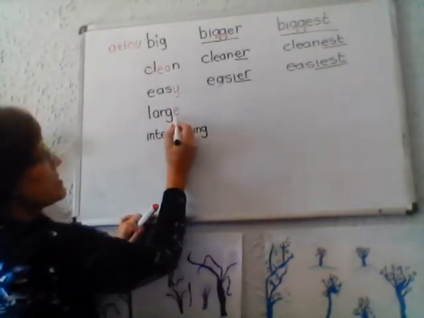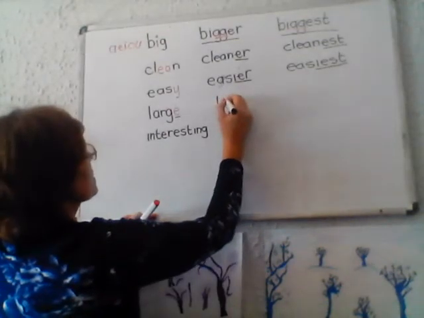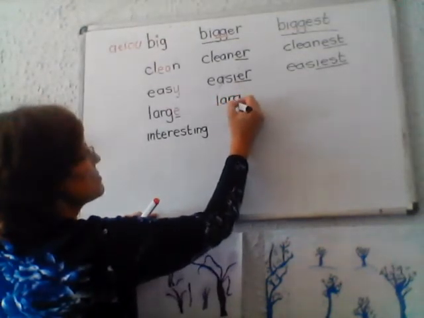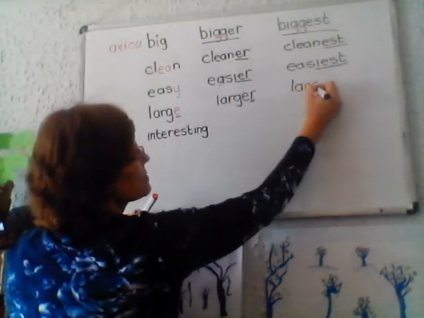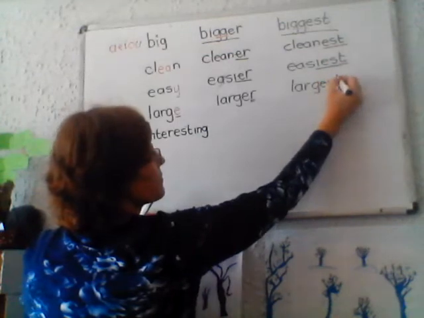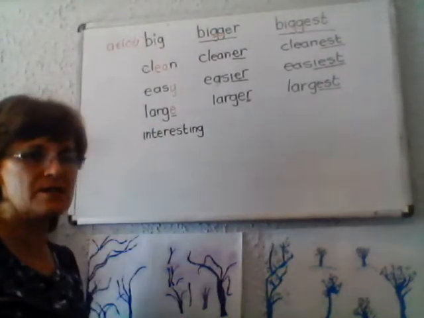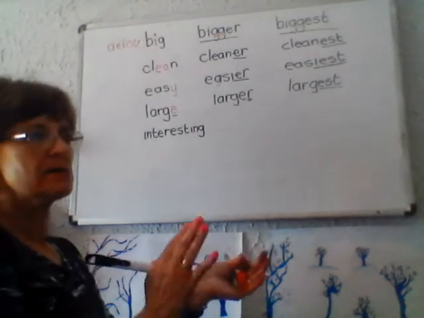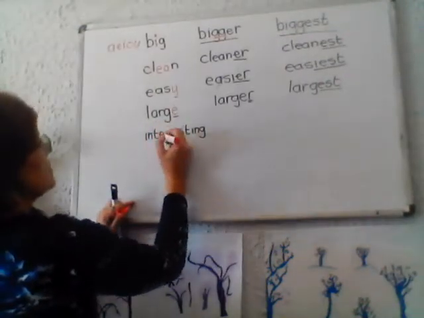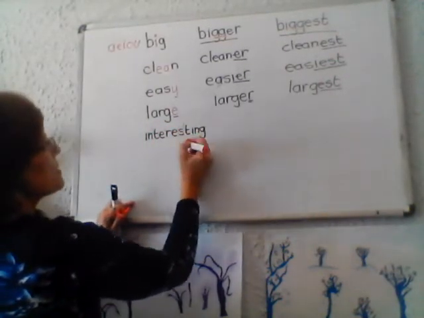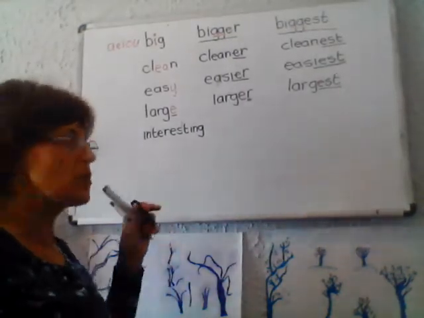When a word ends on an E, like large, a silent E, it just stays the same: larger, you just add an R, and largest, EST. When a word has more than one syllable, like interesting, which has four, then you add a word in front of it.